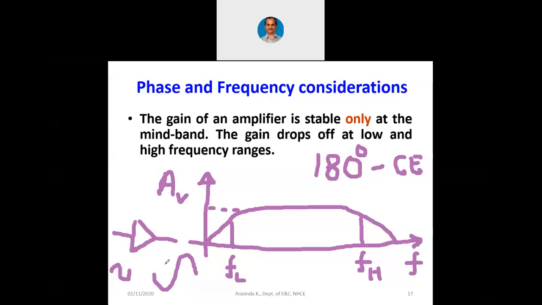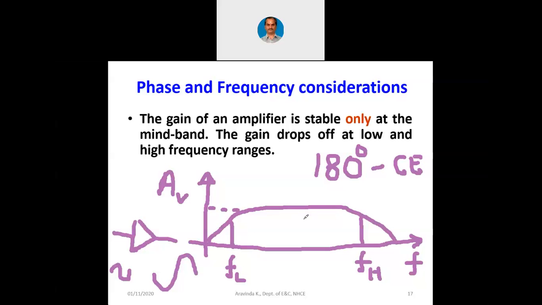But now let us discuss a little bit about the phase response as well along with the frequency response. Now the discussion today is that the phase will not be 180 degree at all times. Again, the phase will also be exactly 180 degree only in the mid band.